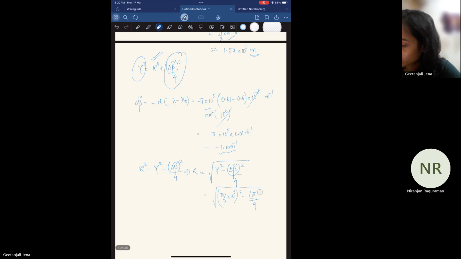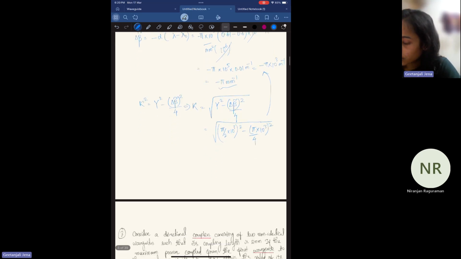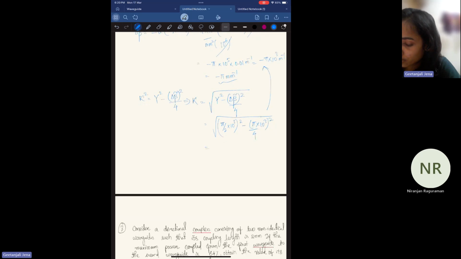Okay, that means now here we have 25 pi. Right? Because here you see it is minus 5 into 10 to the 3 meter inverse. So if you calculate, the overall expression is 10 to the 3 times pi by 2 squared minus pi by 4 squared.